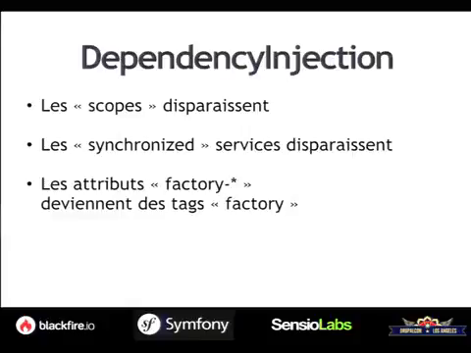It took us a lot of time adding those crazy things, the scopes and synchronized, and it was really a nightmare to maintain. We had so many edge cases going on. Then we realized that the request is not a service. Bam! Everything was easier, and we could remove so many lines of code from Symfony just because we fixed this mistake.